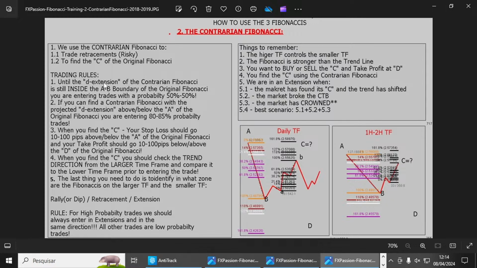Until the sub D extension of the contrarian Fibonacci is still inside the AB boundary of the original Fibonacci, you are entering trades with 50-50 probability. If you can find the contrarian Fibonacci with the projected sub D extension above or below the capital A of the original Fibonacci, you are entering 80 to 85 probability trades.